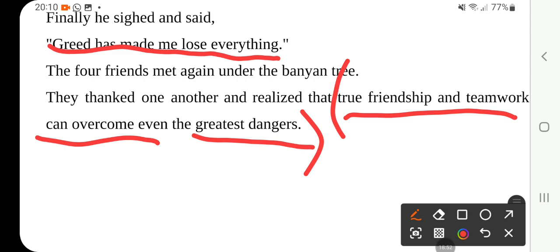Sometimes we achieve so many things, but still we are greedy. There are lots of examples around us. Right now you can see the Ram temple probe is going on, the offerings and donations. So many issues.